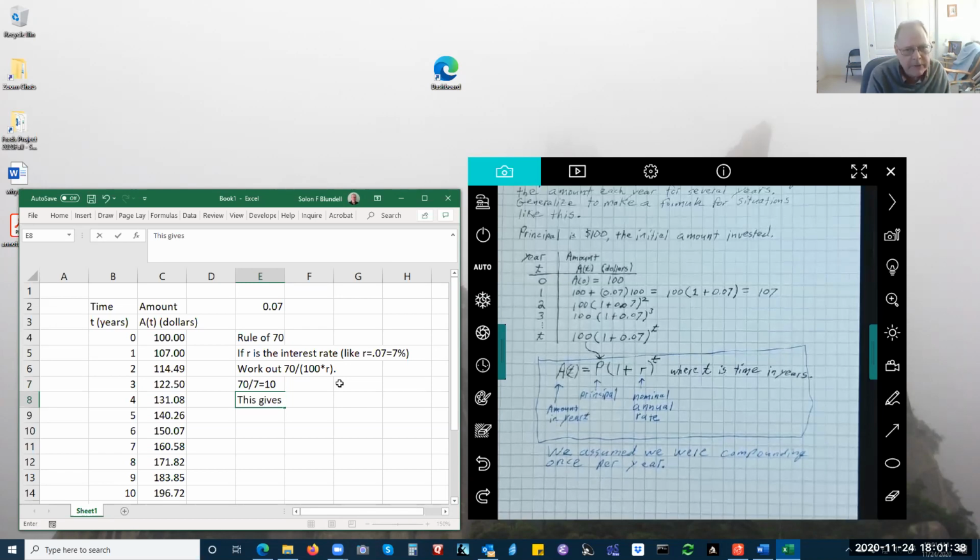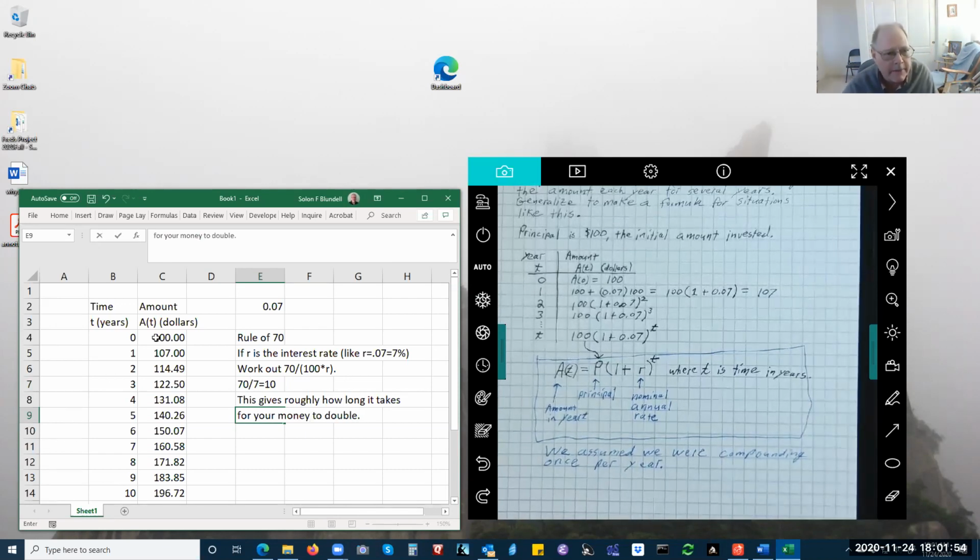So this gives you roughly how long it takes for your money to double. So we put in $100, and it took about 10 years.